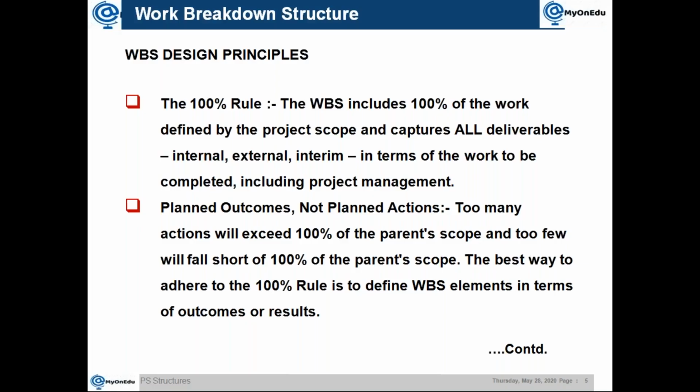Whatever WBS element you create should represent some kind of deliverable, or planned outcome, not an action. Action is represented in the network, as an activity. So we need to be clear about what is WBS and what is the project network. In the WBS, it will always be outcomes.